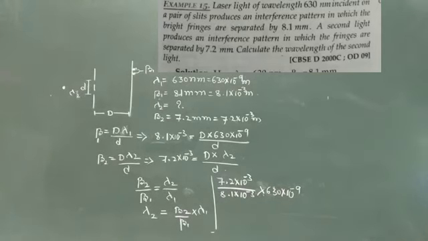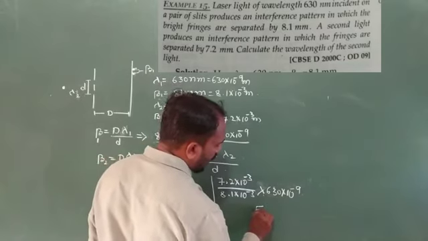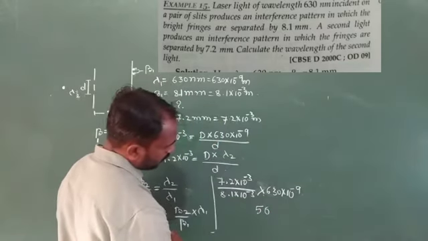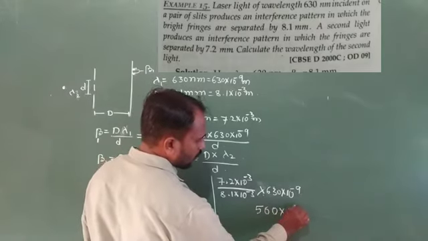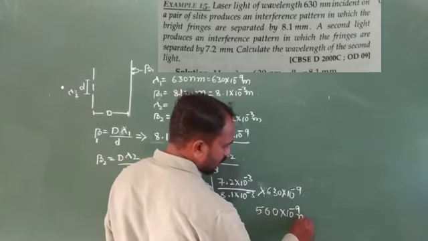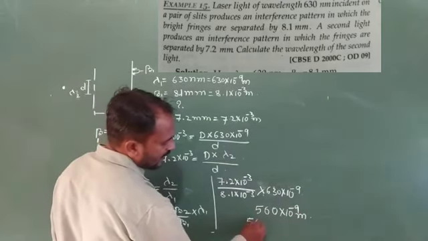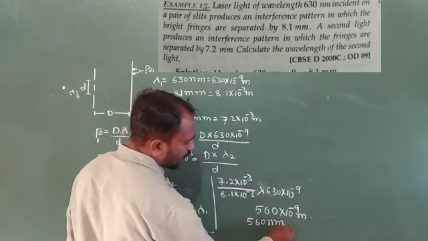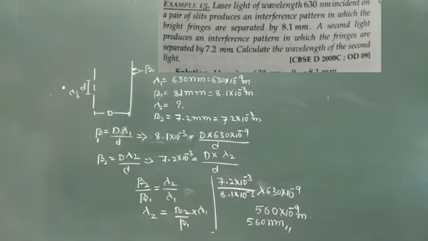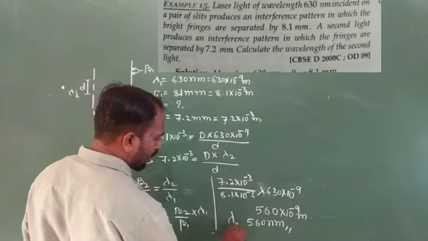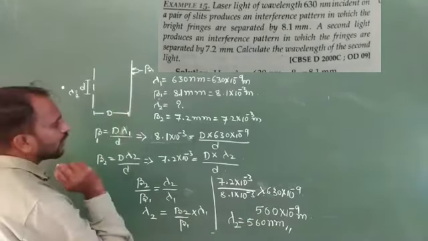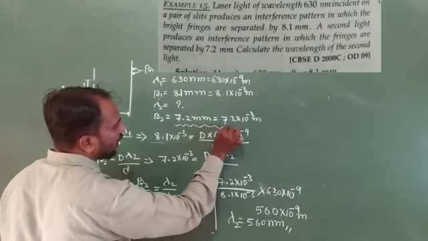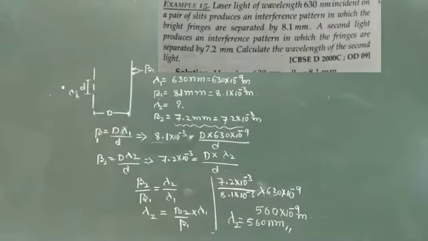So after simplification we will get 560 into 10 power minus 9 meter. It means 560 nanometer. So this one is lambda 2. When we use 560 nanometer wavelength, we will get a fringe width of 7.2 millimeter.